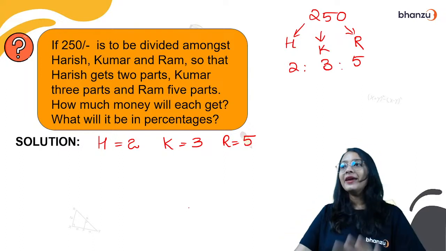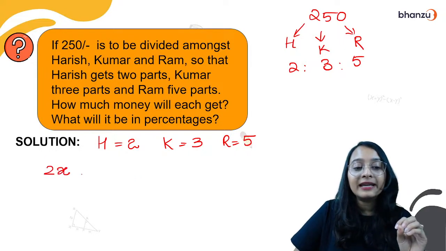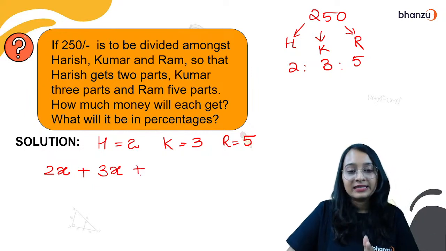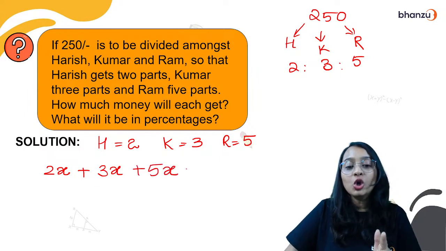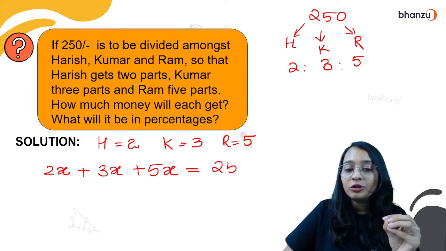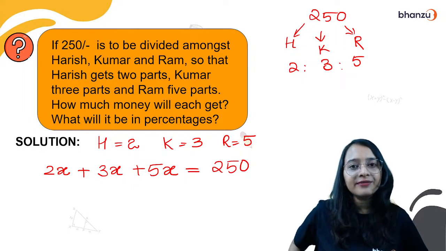So whenever we have a ratio, what do we do? We take it and multiply it with a variable. Right? 2x plus 3x plus 5x. So this total amount that they are having will always be equal to 250 because in the beginning I only had 250 rupees to give them. Right?